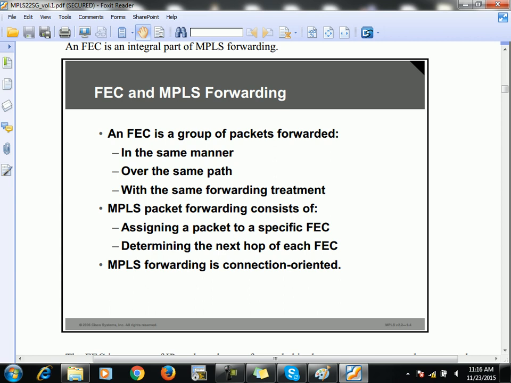It's not connectionless. I'll let you know why we call it connection oriented: LDP will be using TCP, because MPLS is nothing but LDP, label distribution protocol. Like dynamic routing is nothing, ultimately EIGRP is doing the work. Similarly, LDP will be doing the work for MPLS.